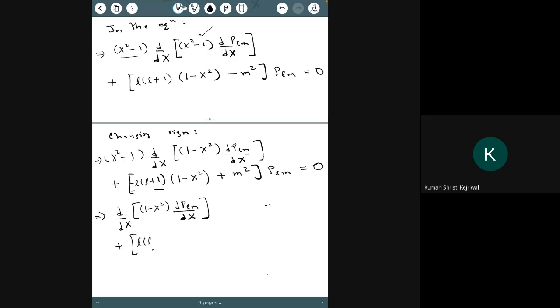So l into l plus 1 minus x square, I'm dividing by x square minus 1, so I can write this as m squared by 1 minus x squared. So this is what I want.